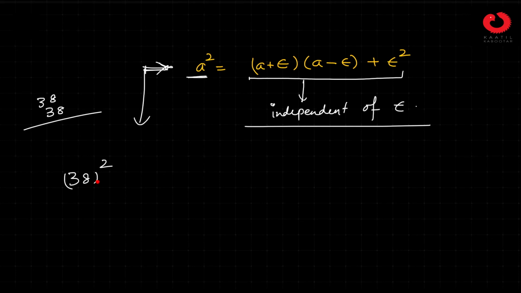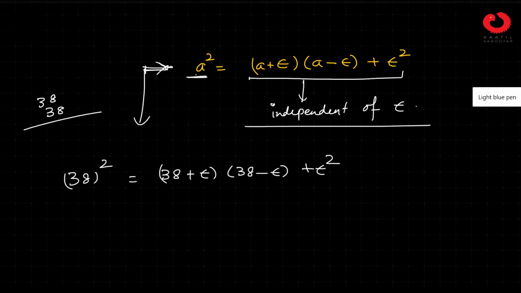Okay, so this 38 square is A. Can we write this as 38 plus epsilon, 38 minus epsilon, plus epsilon square? Now let me remind you that this writing is not necessary, but for the sake of explaining, right now I'm writing it. In next steps, we will be ignoring this step and doing most of the things mentally.